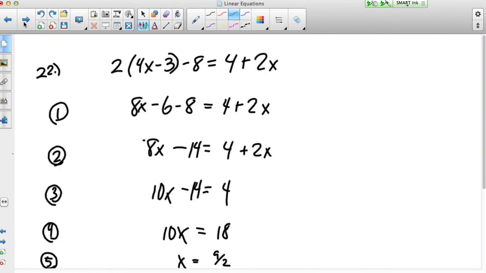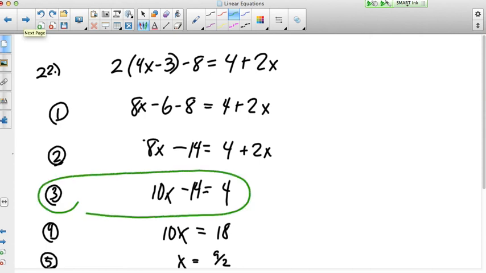And lastly, 22, you were to identify the first step where the error occurs. The first step that the error occurs is step 3. Again, when they combine 2x and 8x to get 10x, when you move across the equal sign, that means if you want to get rid of 2x from this side, you have to subtract 2x from the other side.